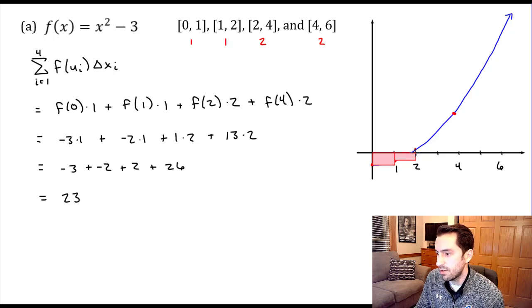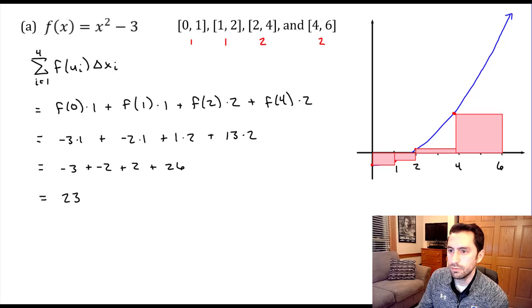Our third rectangle, in the interval of 2 to 4, is going to be pretty low because it has that height of f of 2. And then our last one, going from the interval of 4 to 6, is going to look like this.